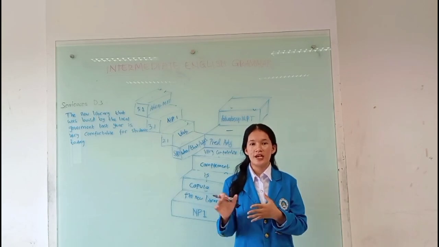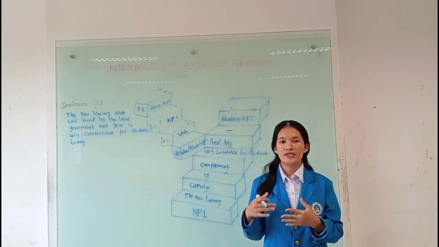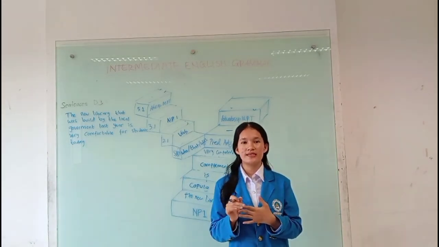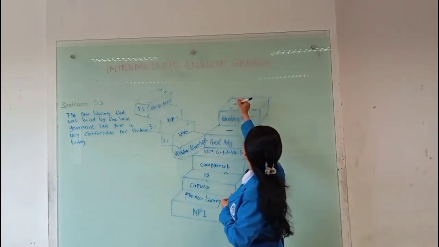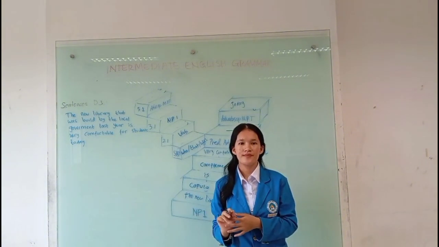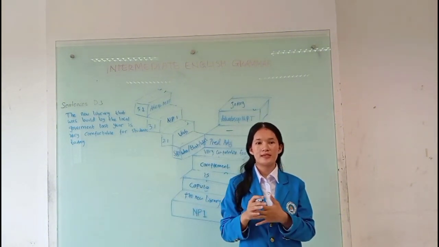The fourth stair is skipped because there is no predicate adjective to expand separately in this pattern. The fifth stair is the adverb of time. It is today. It tells us when the situation happens.